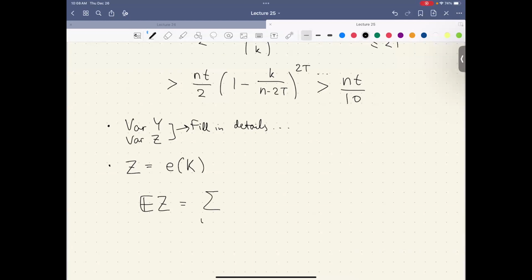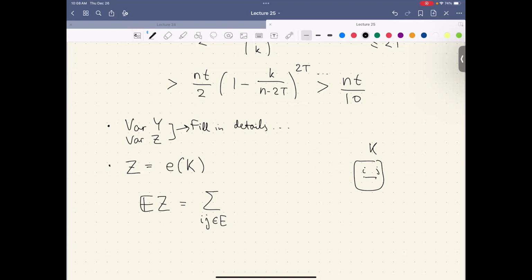For an edge to be in K, so this is K, right? You want both i and j to be in there. So we need to choose this K set with ij picked.